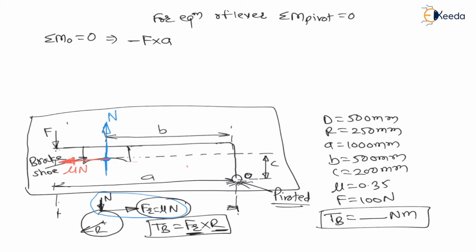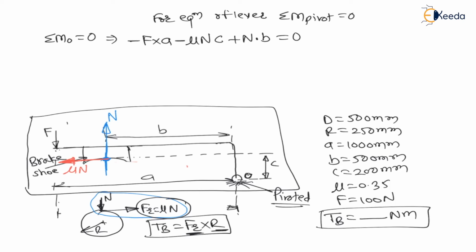Therefore, minus mu N into c, as it is at distance c from the pivot. Again, the normal reaction is creating a clockwise moment, therefore positive, and it is at distance b. Therefore, plus N into b is equal to 0.